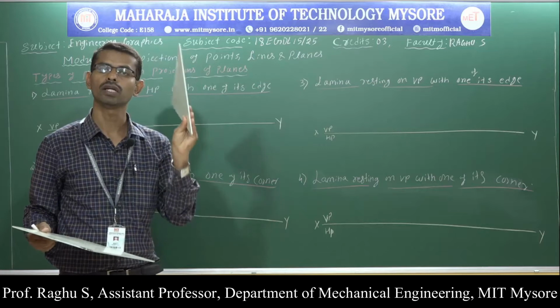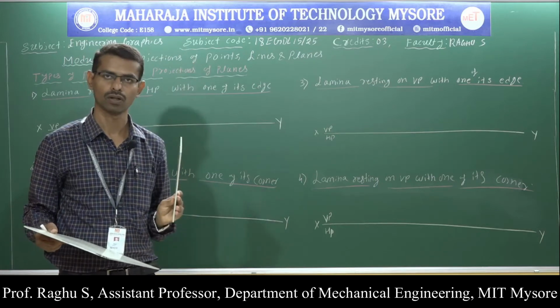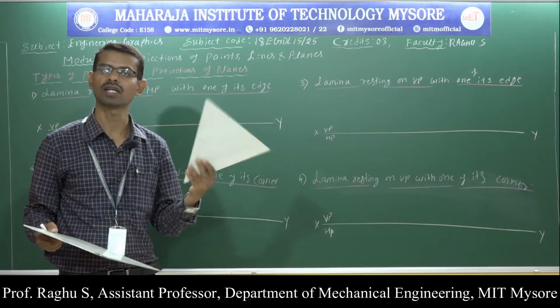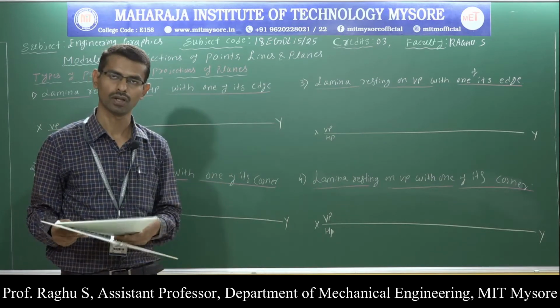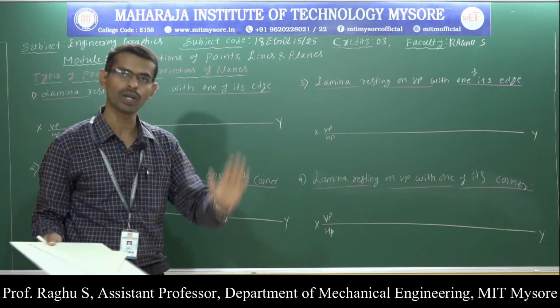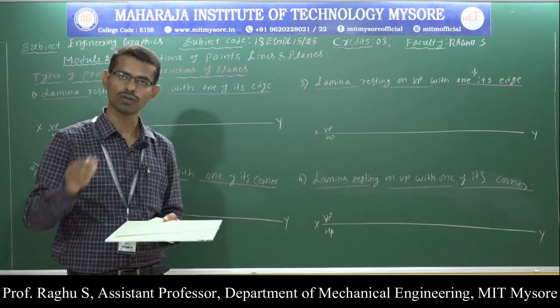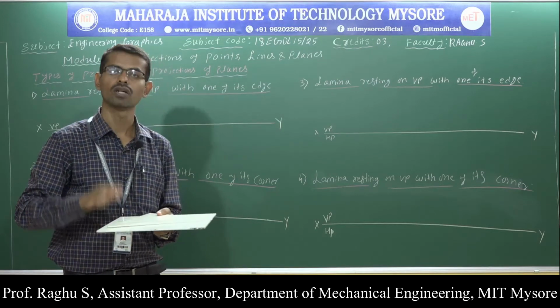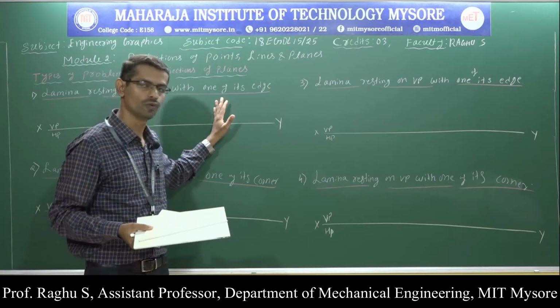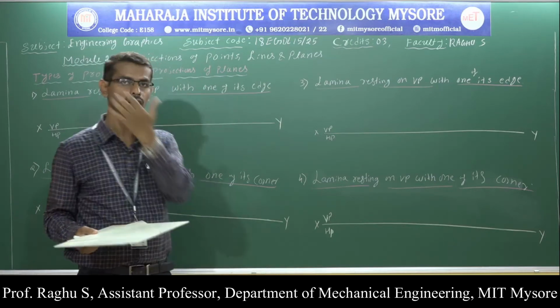First note down the type of the lamina, whether it may be triangle, rectangle, square, pentagon, hexagon or circular lamina. Second, check whether the lamina is resting on the horizontal plane or vertical plane. If resting on HP, start with the top view. If resting on VP, start with the front view.